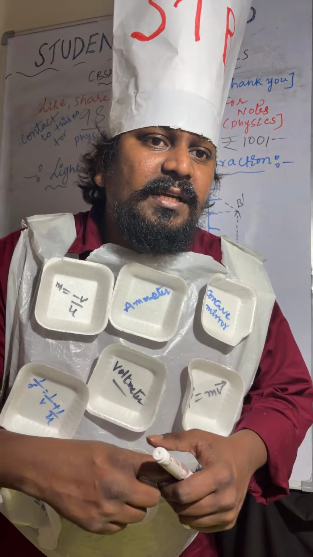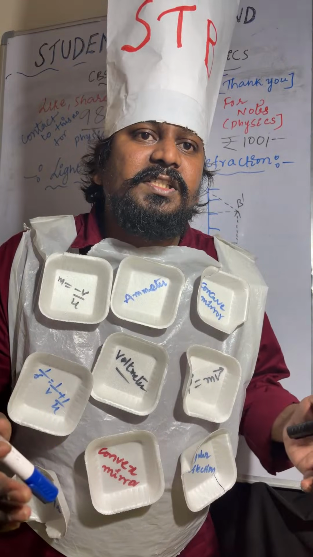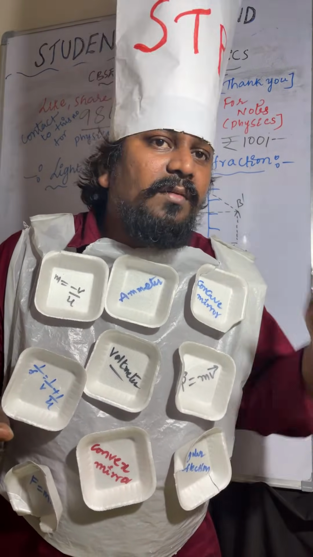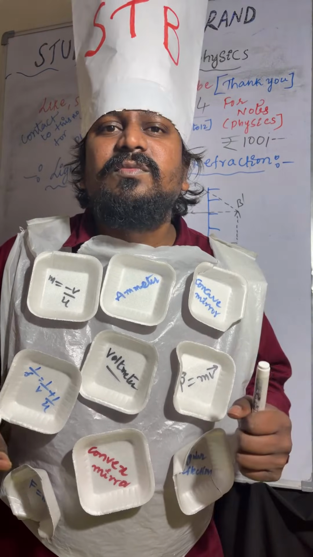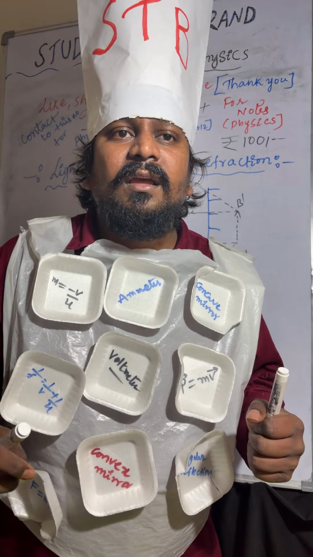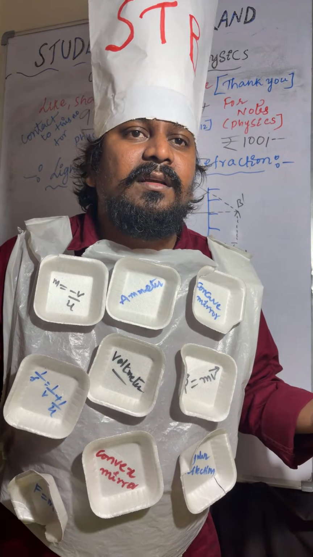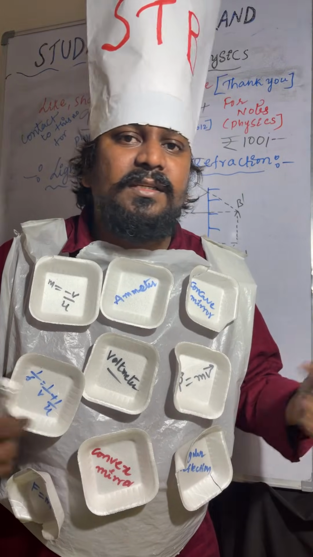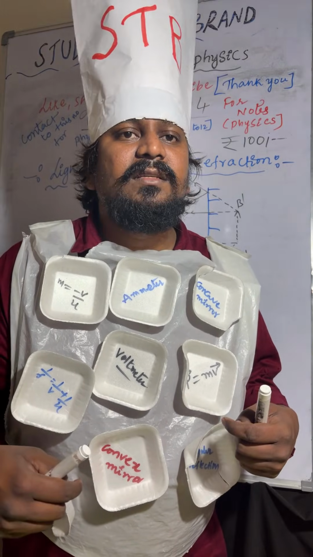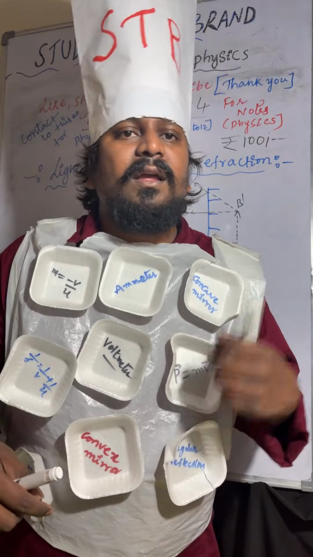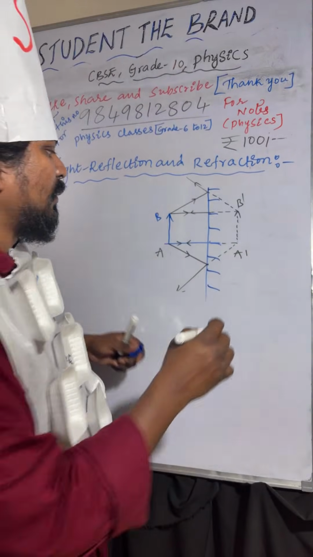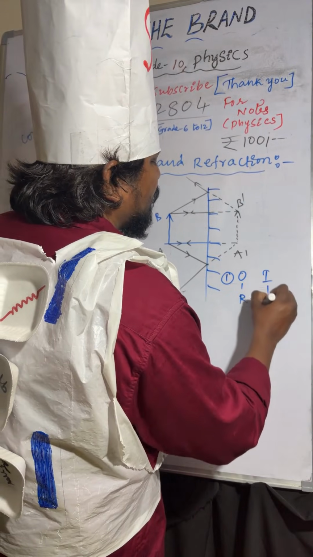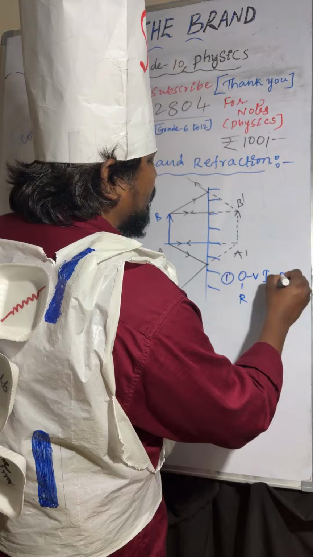In case object is virtual, image is real. Okay. Point number 1: object is real, image is virtual; object is virtual, image is real.